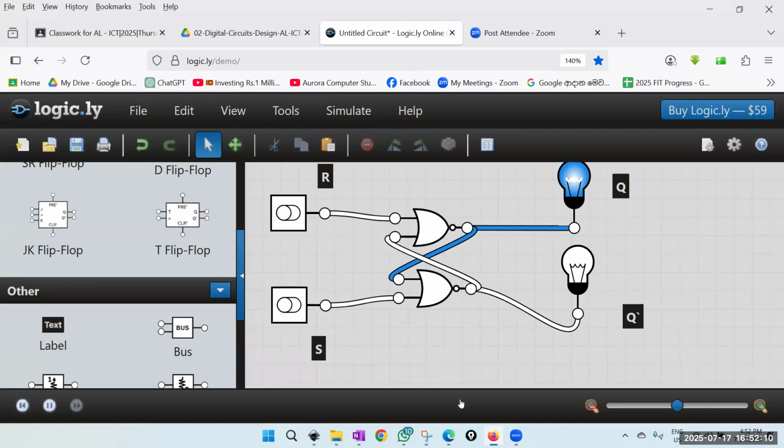In order to explain this, you need to remember the truth table of NOR gates. Otherwise you need to memorize like a donkey. Donkeys, like people, memorize things they don't understand.